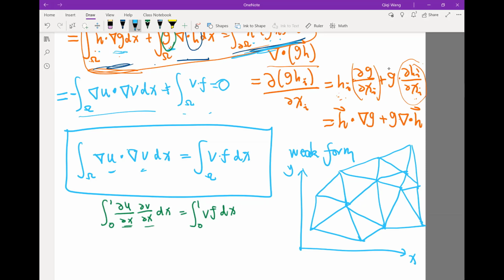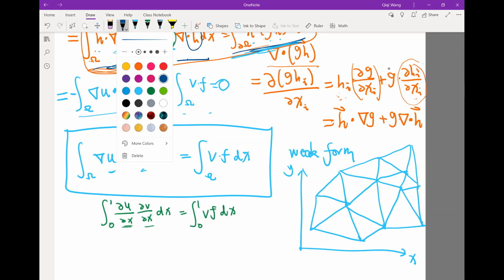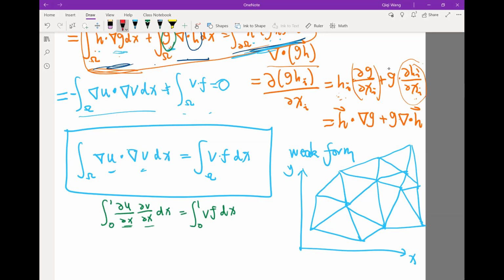So how does a piecewise linear and continuous function look like? Let me just draw an example of a contour line. What if I just pick a node and say, okay, the value of my function at this node is equal to 1, and the value at all the other nodes is equal to 0.